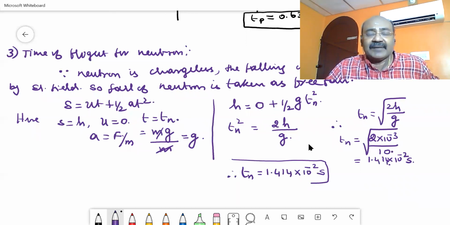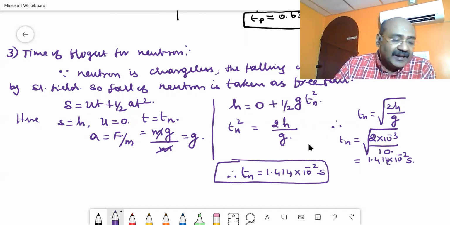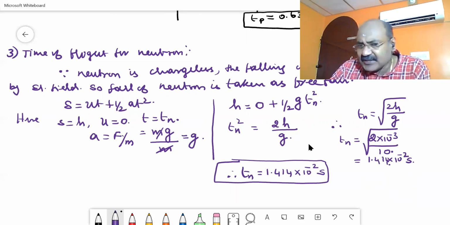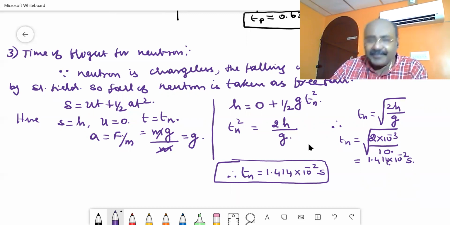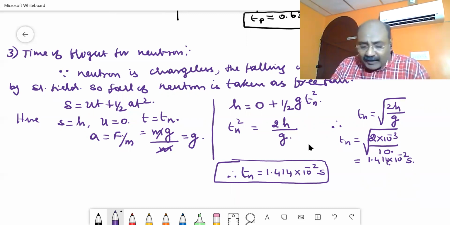Now you compare. You can write this also in nanoseconds or milliseconds, whatever may be. What is the next question asked? Which one will reach the lower plate faster?